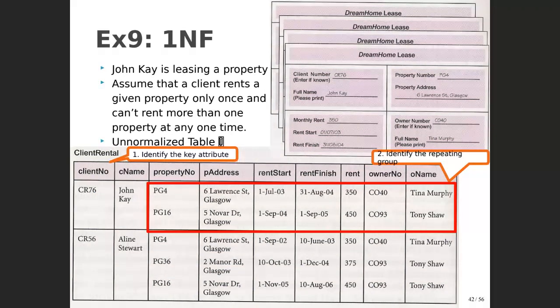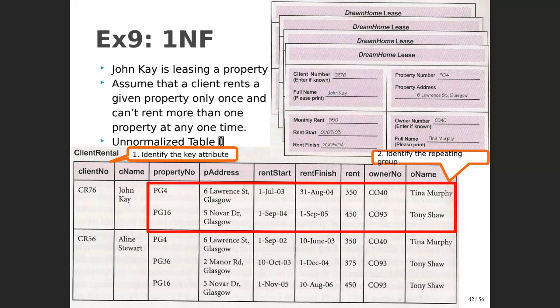Now, where will we get the unnormalized form from? Can you see this? These are cards by Dream Home Lease on the top right side, and they are filling these cards, or forms, with data. For example, client number, full name, client name, and on the right side, property number, property address.